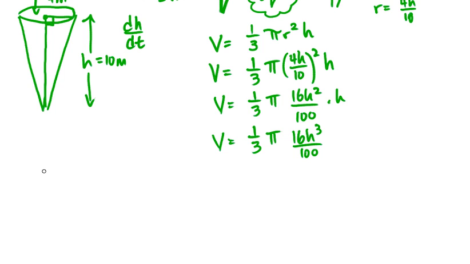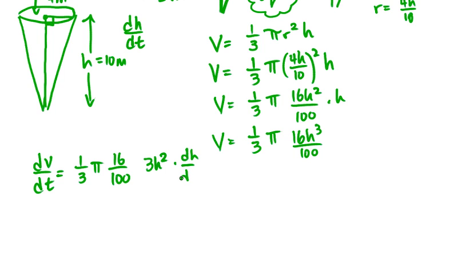So let's do that. dV/dt will be equal to, here's all the constant stuff, and then 3h squared times dh/dt, and I know that my h value at that time is equal to 5, so I substitute that in, as well as I can substitute in that the volume is changing at a rate of 6.